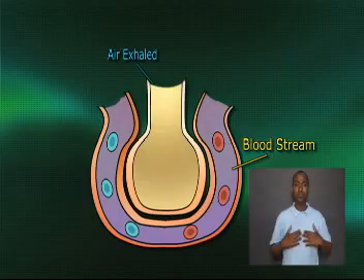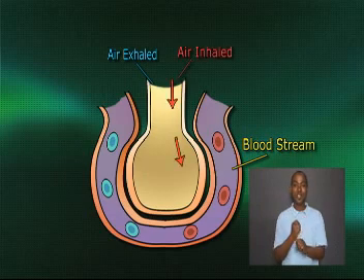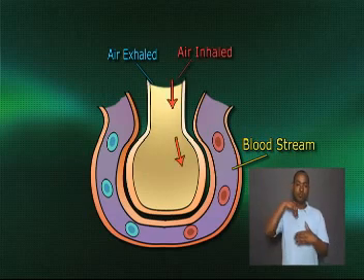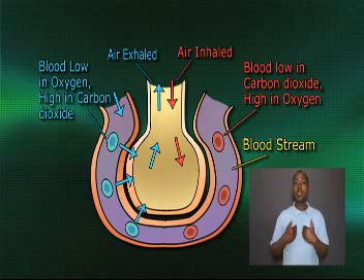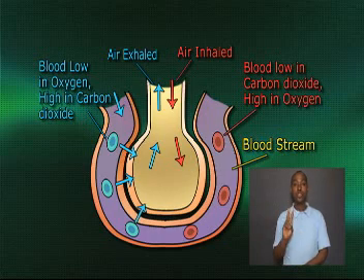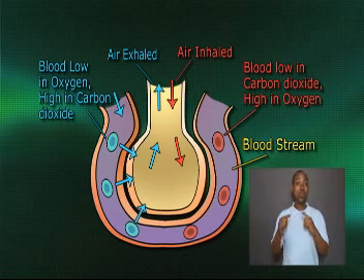Breathing in fresh air is an example of how diffusion functions. Air that is inhaled contains more oxygen than the blood inside the lungs. The oxygen moves from a region of high concentration to a region of lower concentration.